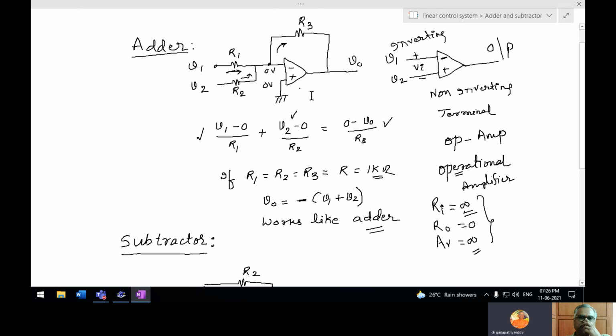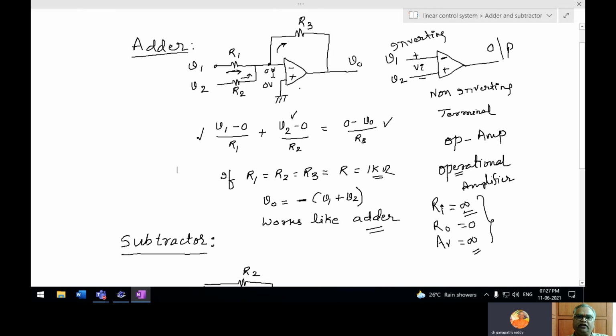Now, the main thing in this op-amp that you should know is the virtual short. What is the meaning of virtual short? As if there is physically a wire between plus and minus. If 0 volt is connected at one end, automatically the other end also becomes 0. But here physically the wire is not there. Without a wire, it behaves the same.